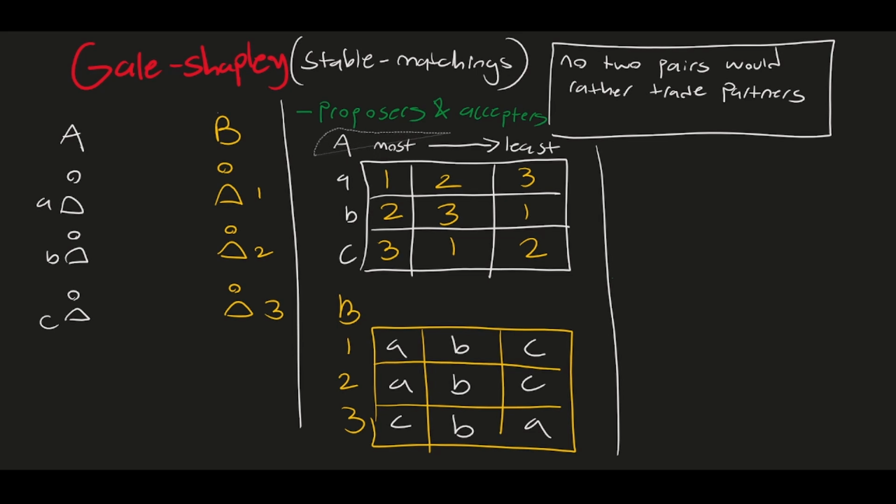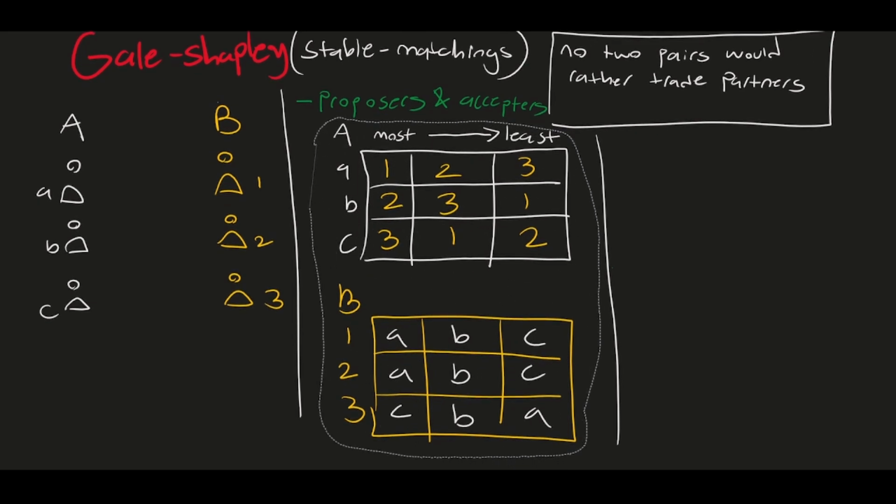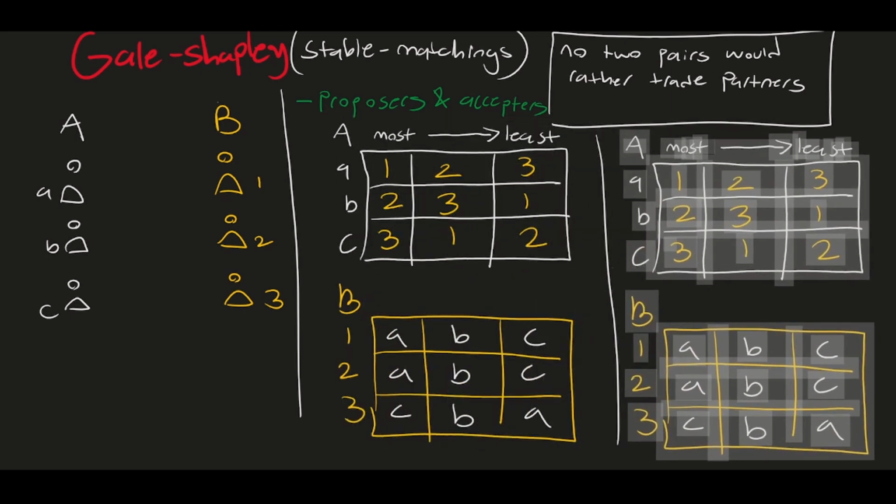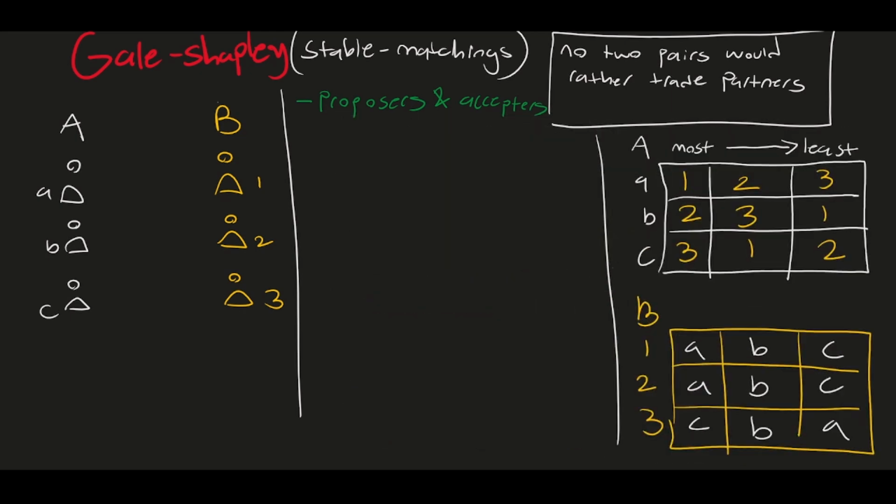So let's move this over so we can start writing the pseudocode. How does the Gale-Shapley algorithm work? We first take in a proposer, let's call them P. So for P in big P, all the proposers, this could be A, B, or C, or 1, 2, or 3.